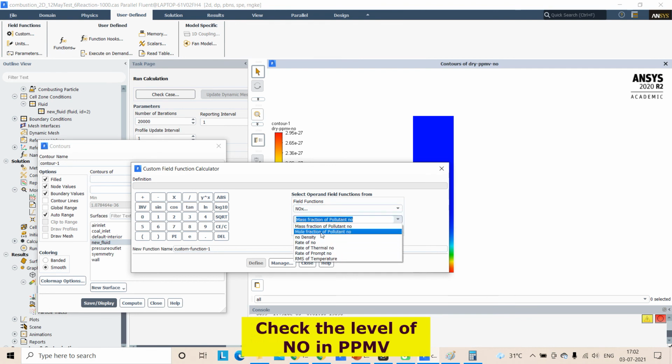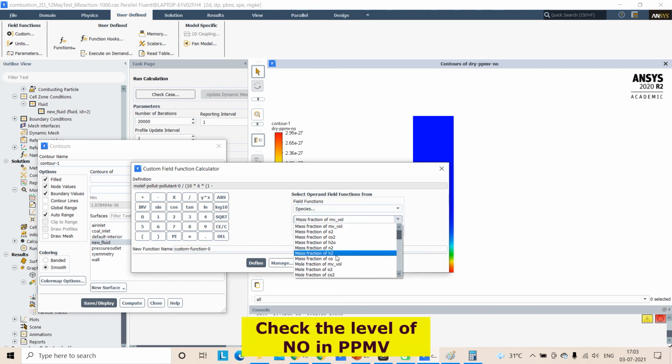We take divided by 10 raised to power 6, multiplied by 1 minus the mole fraction of the H2O. Here it is the mole fraction of the H2O.